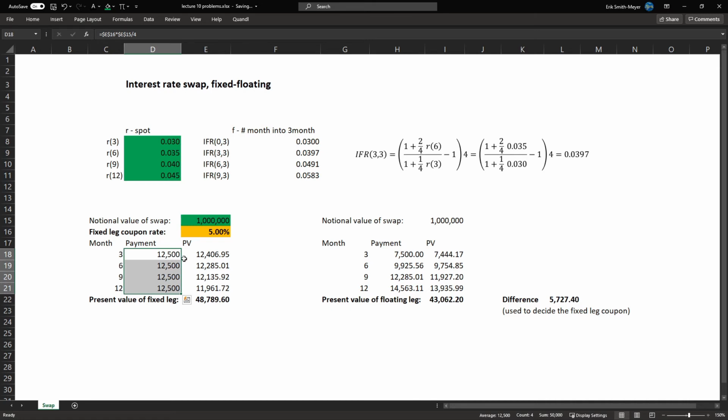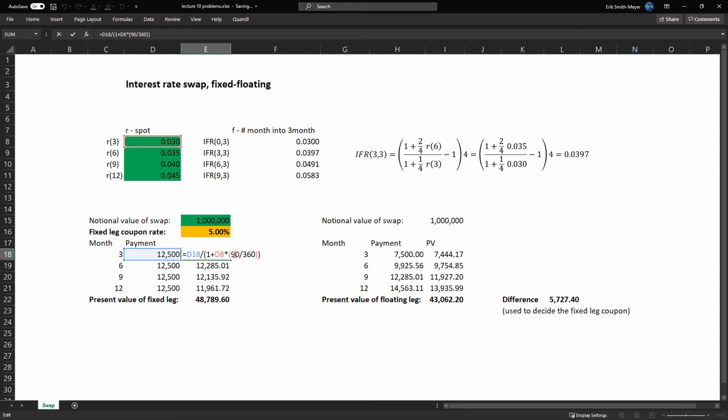And the present values of these payments are found using the spot rate in just the same manner as the payments from the floating leg. We use the spot rates and adjust for how far into the future each is valid.